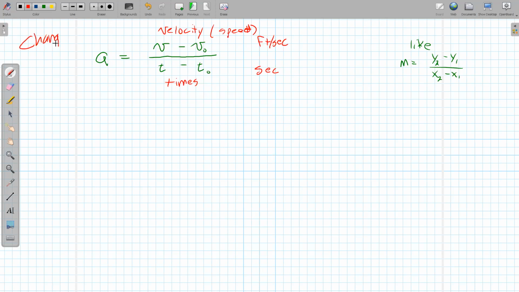So change in speed. And does anybody know another word for change in speed that starts with an A?